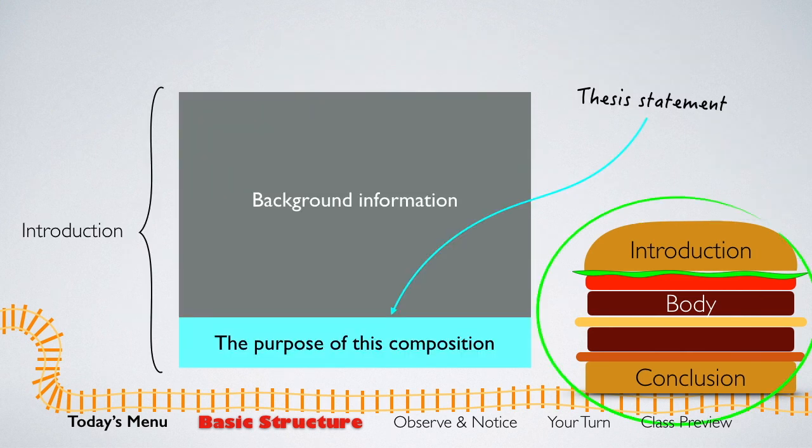Then last week, we started to get into the finer points of writing, concentrating on the introduction. We learned the importance of providing background information and a thesis statement, so the reader is better prepared to get into the body of the composition. It is this body of the composition that we will focus on today.